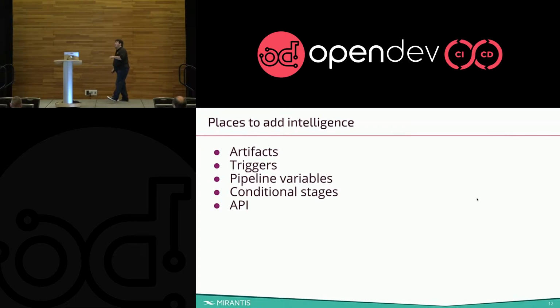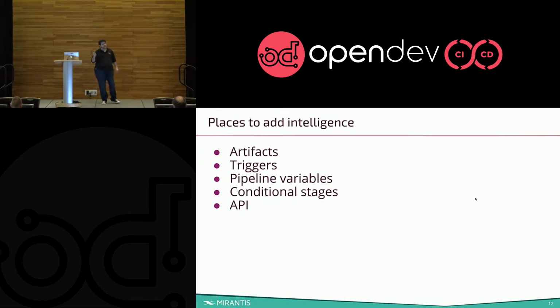But what we're going to talk about today is I want to kind of open your mind a little bit to places where we can add additional sources of intelligence that are not necessarily built directly into Spinnaker. And the places where we can do that, you see them here.